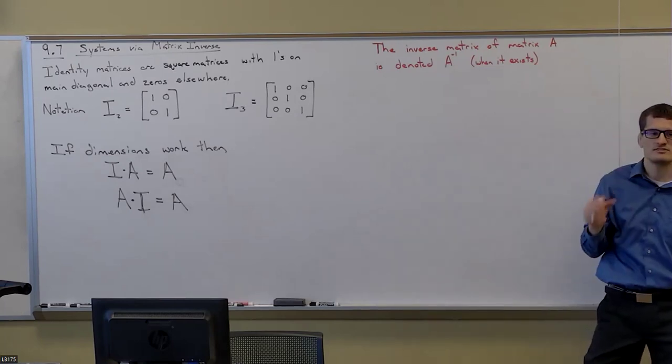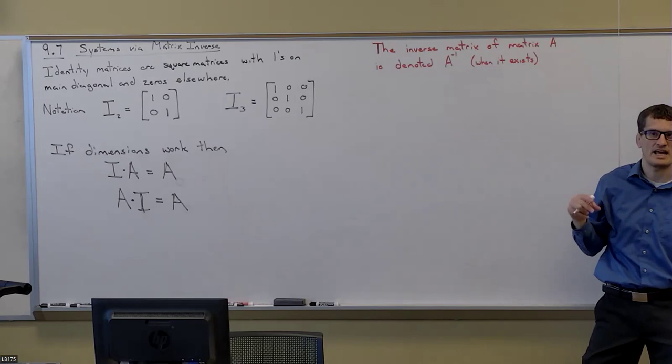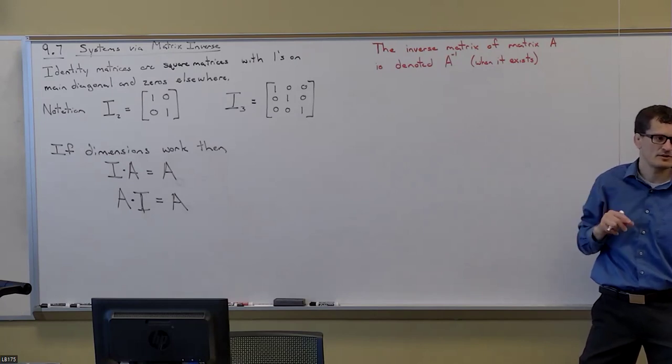So if an inverse exists, it's going to be denoted by A, and the exponent's going to be -1.